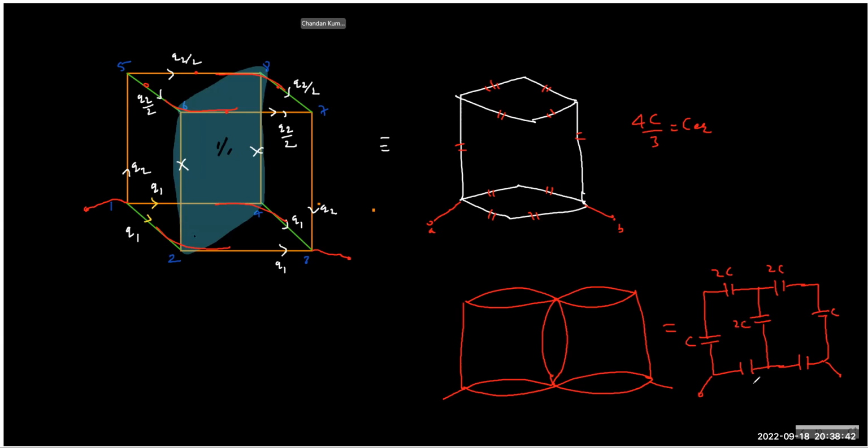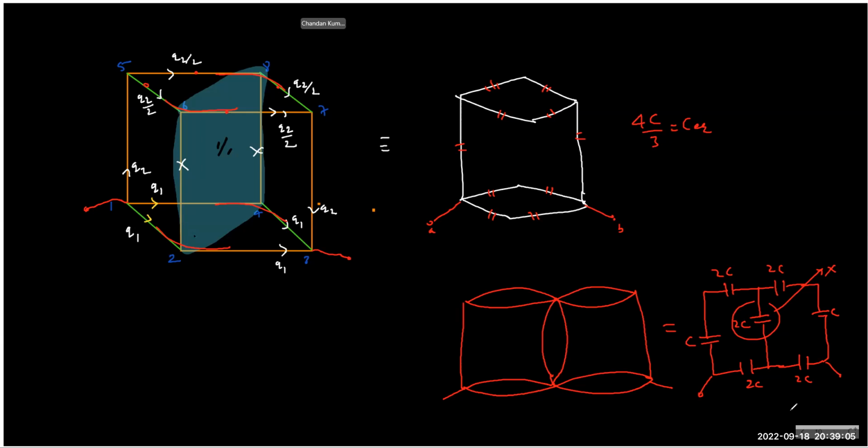Because the 2C is on the line of symmetry, it will vanish. So what you're left with is just 2C, 2C, C, C, C, C, C by 3, and 4C by 3.